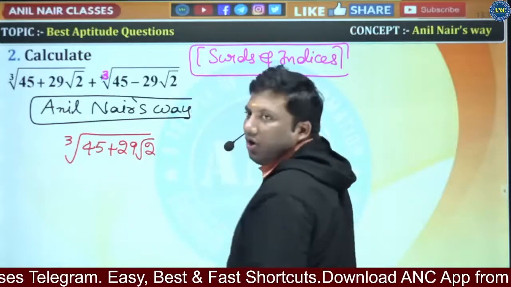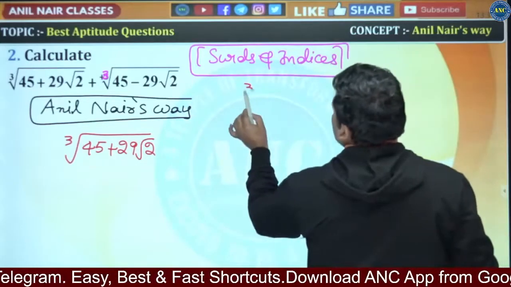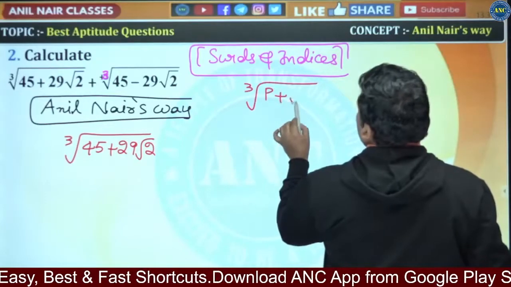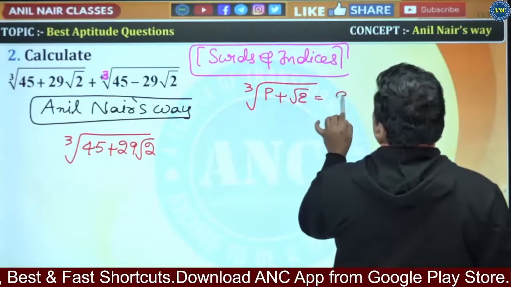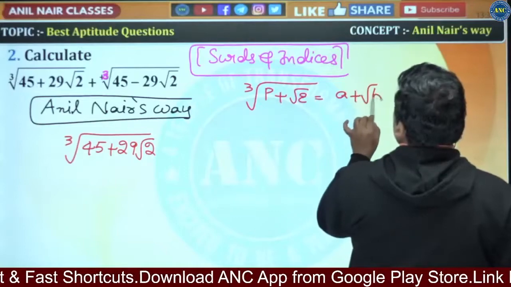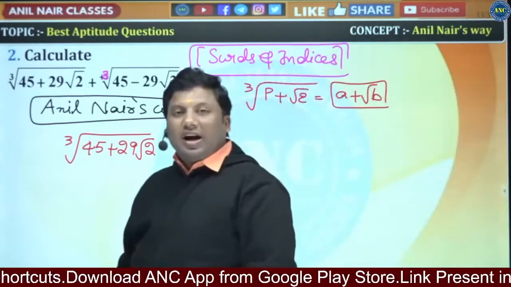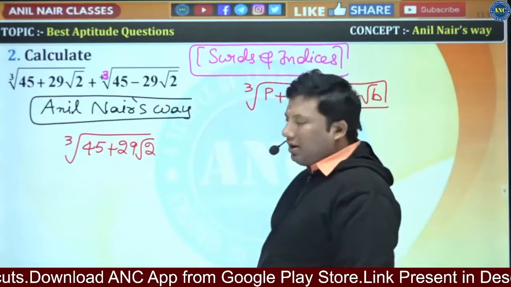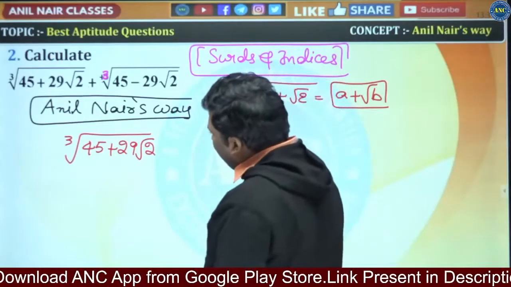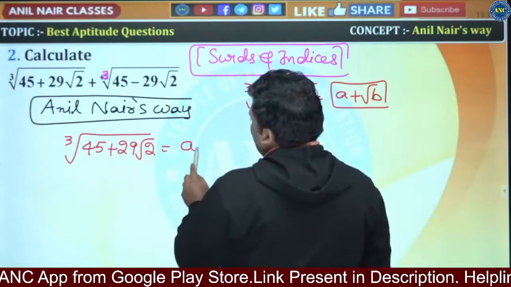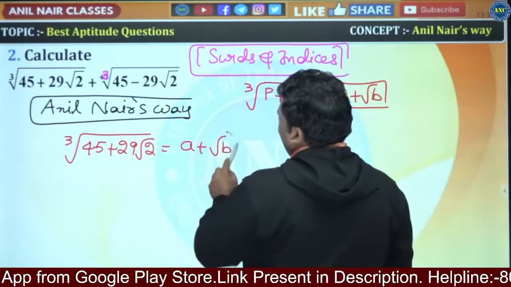Always remember, if it is the cube root of p plus root q, the answer will be of the form a plus root b. There is a square root part and a non-square root part. So the cube root of 45 plus 29 root 2 could be some a plus root b.